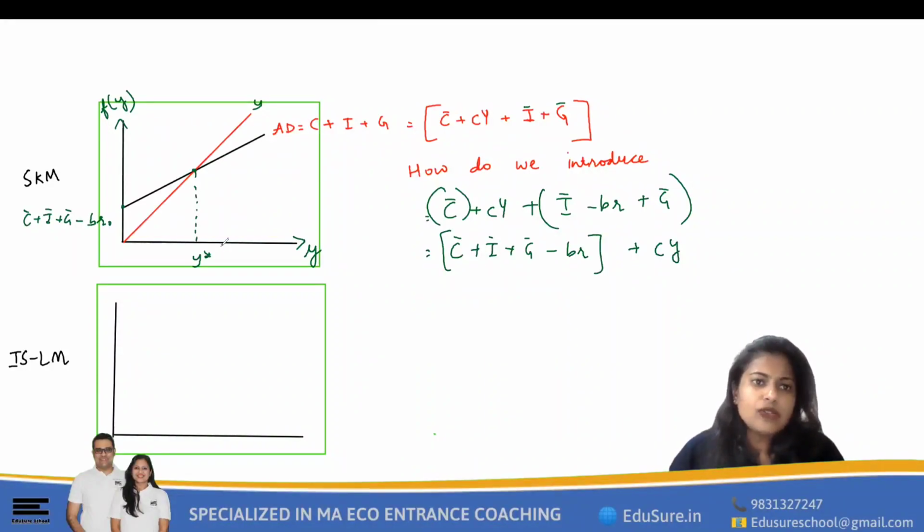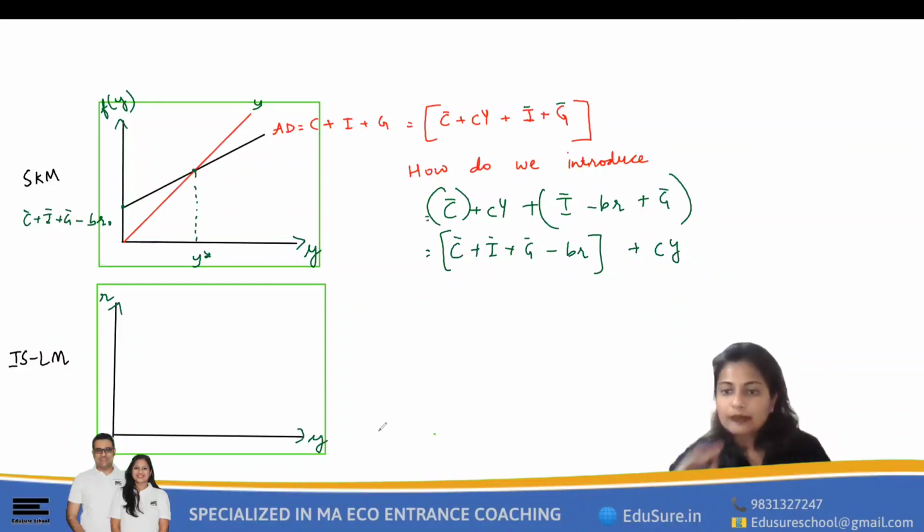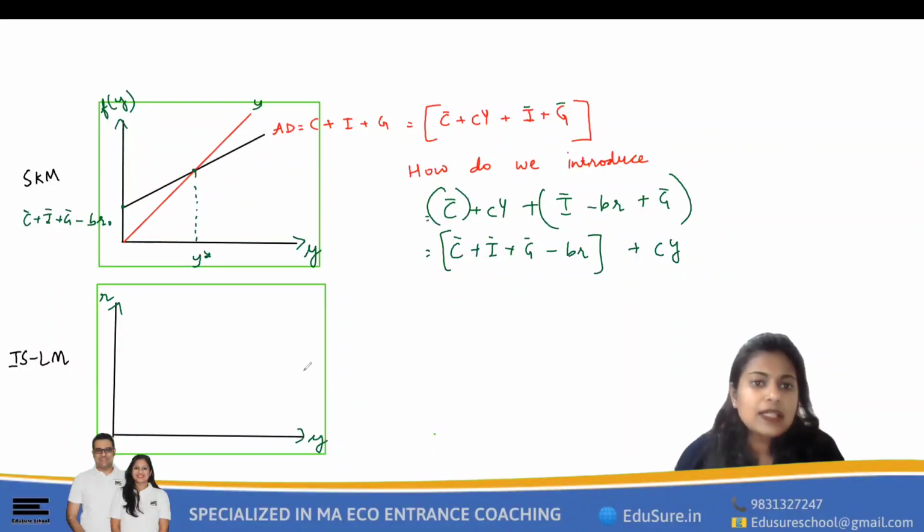Now in the ISLM, I'm going to draw a curve with two variables: small r, the real rate of interest, and small y, the real GDP. This curve represents equilibrium in the goods market in two variables, r and y, not in one variable.